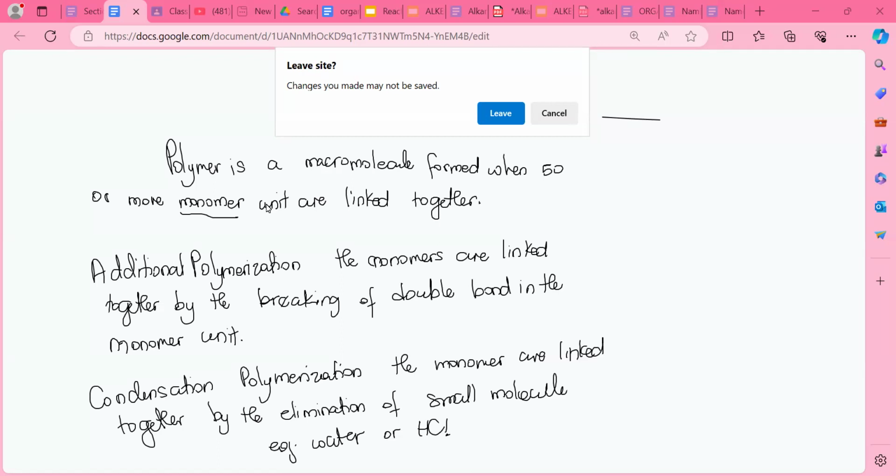In condensation polymerization, the monomers are linked together by the elimination of a small molecule, for example water or HCl. For the purpose of the CSEC syllabus, all we are doing to form those is removing water. So we're going to begin with addition polymerization.